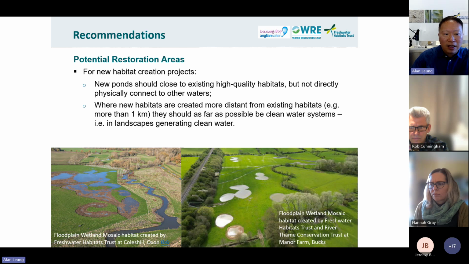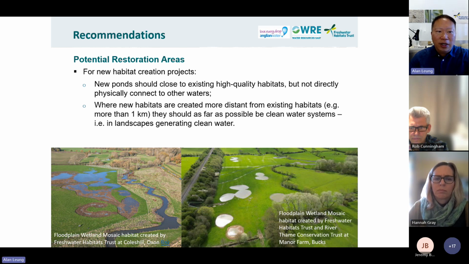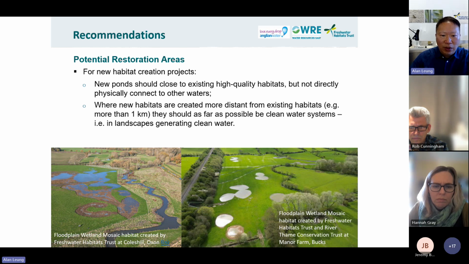Actually, the Freshwater Habitats Trust has very good experience in habitat creation. Here, I would like to show you two pictures, which are examples of the wetland mosaic that we created in different locations of the country.